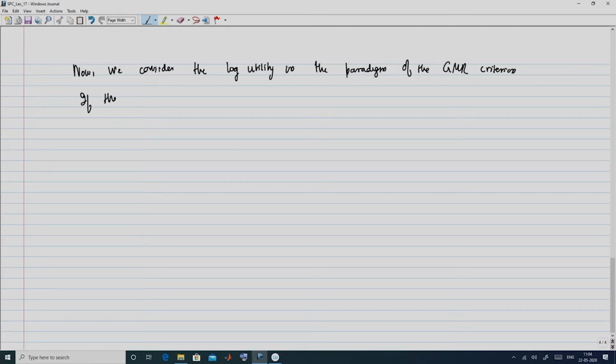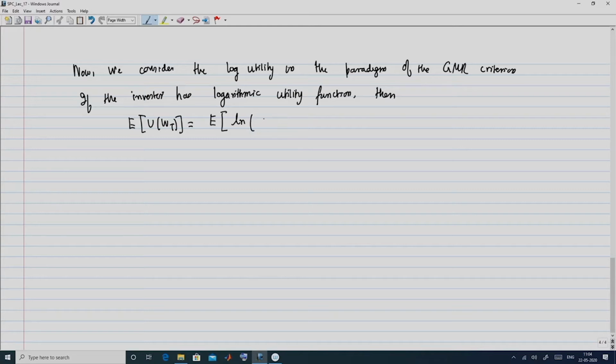So, if the investor has logarithmic utility function, then expected utility of W t is going to be the expected utility of natural log of W t, which is W naught into 1 plus R 1 into 1 plus R 2 all the way to 1 plus R t.